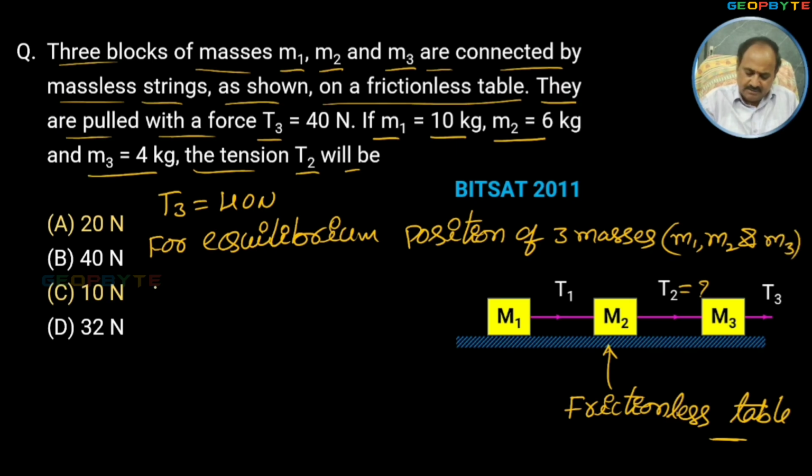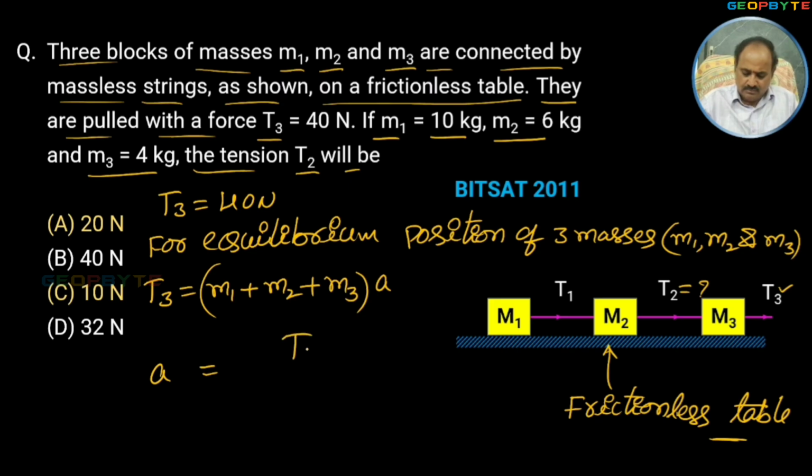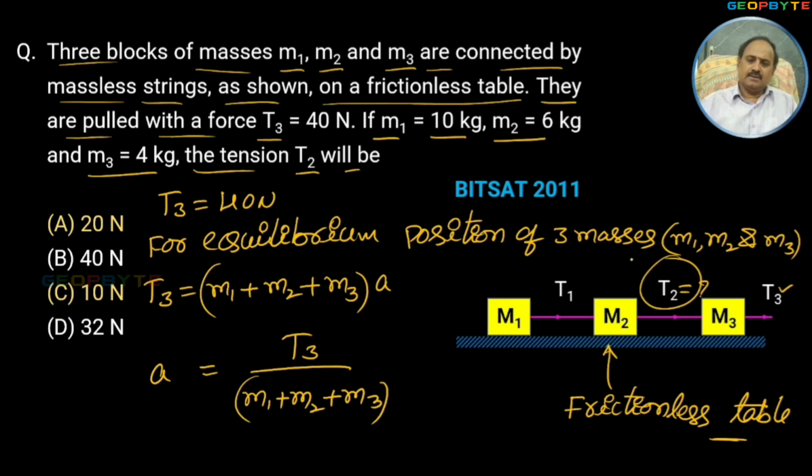For this equilibrium condition, I can write that T3 equal to the total mass, m1 plus m2 plus m3, multiplied by acceleration. From this, acceleration equal to T3 by m1 plus m2 plus m3. Since it is asking for T2, let us write for the equilibrium position of the two masses M1 and M2. For that I can write that T2 equal to M1 plus M2 into acceleration.